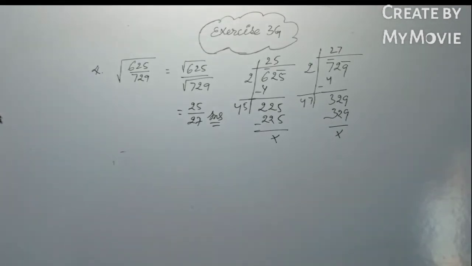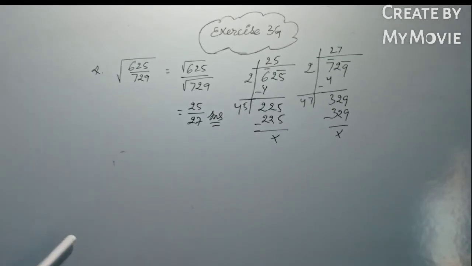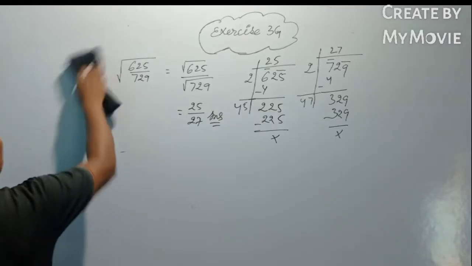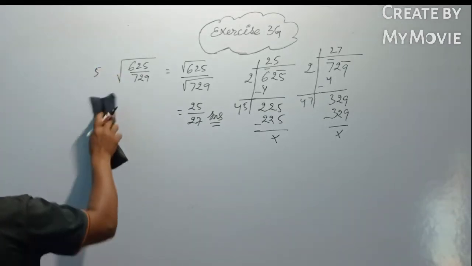Now the next question is a little different. Whenever you want to make a note of it, you pause the video and write it down. We'll go to question number 5.